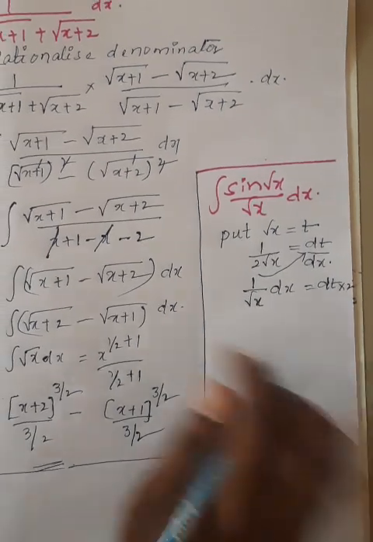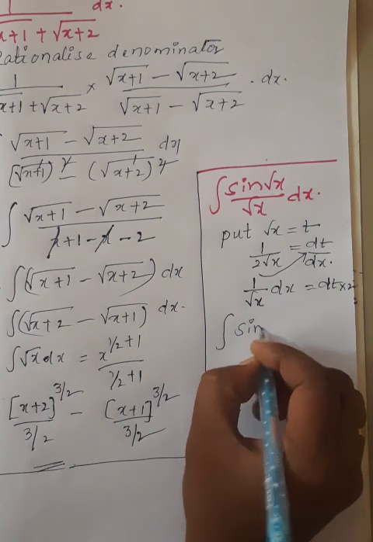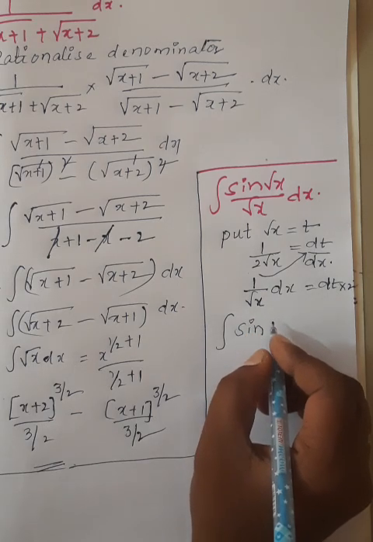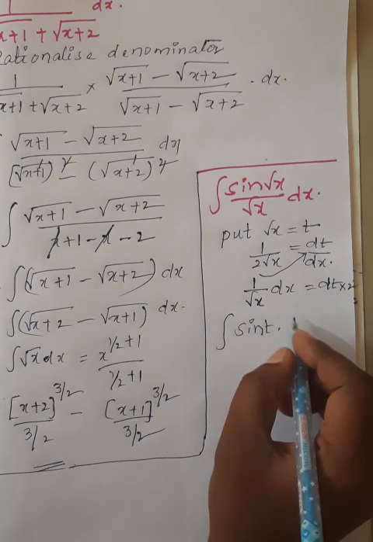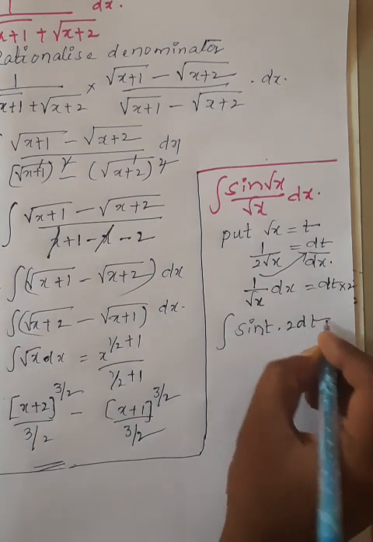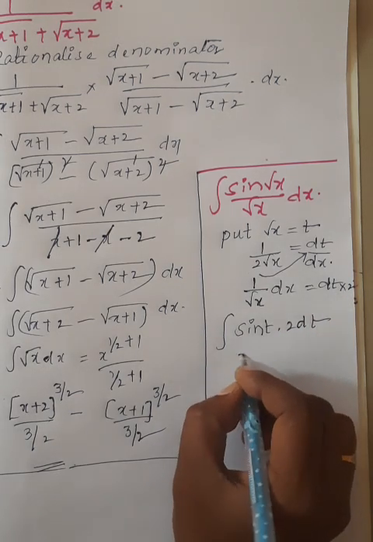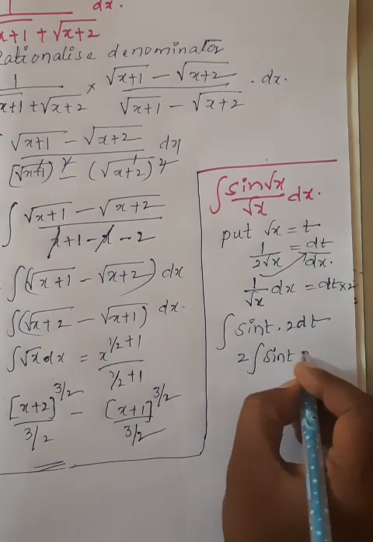Now we have to substitute in our question. Integration of sin root x can be written as sin t, because we have considered root x as t, and dx by root x as 2 dt. So we write 2 outside: 2 into integration of sin t dt.